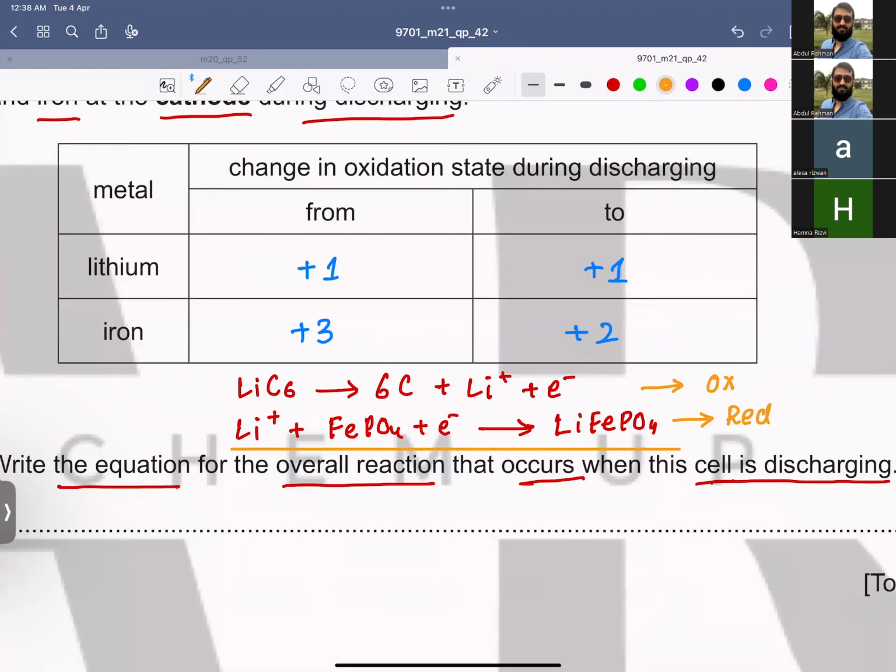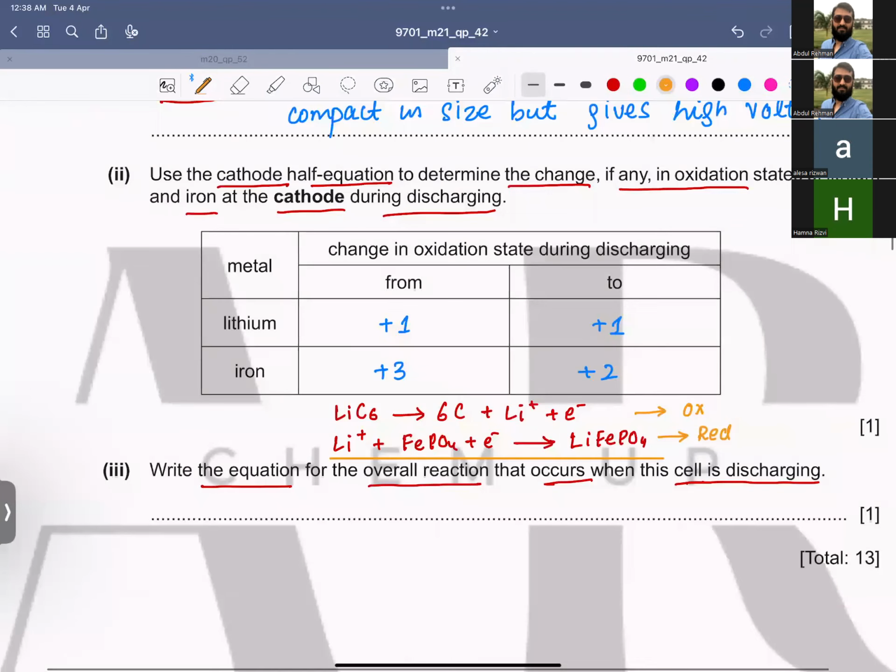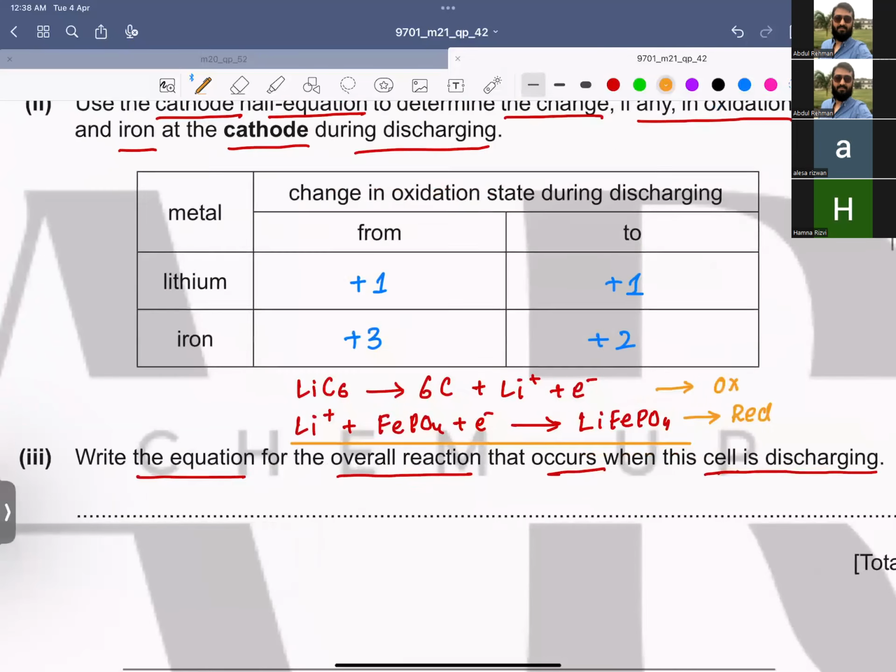So I just have to add both the equations, and when I add both the equations, the species which are the same and are on the opposite side must be cancelled. So I cancel the electron from these two equations and the lithium ion from these two equations, because lithium ion is present in both the equations on the opposite side, and in the same way the electrons are present on the opposite sides of the arrows in both the equations.